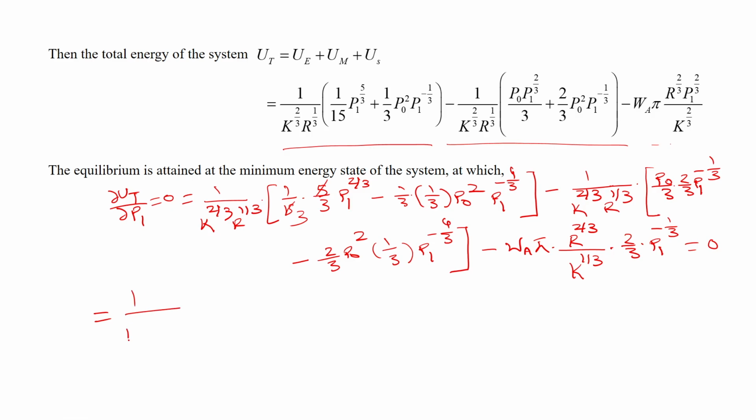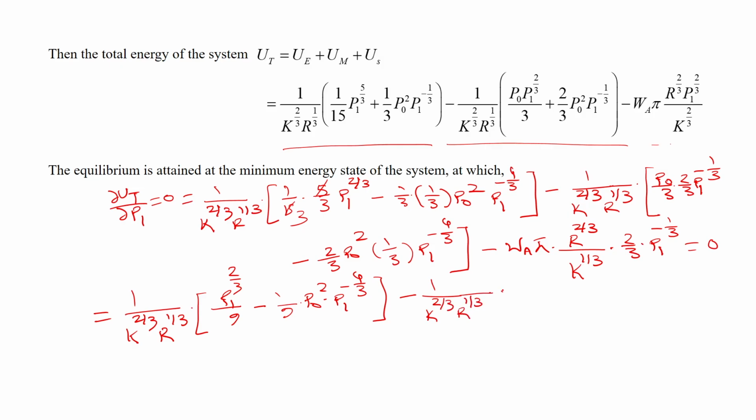So, this is 1 by k to the power 2 by 3 r to the power 1 by 3 here, and this is 1 by 9, this is P1 to the power 2 by 3, 1 by 9 minus 1 by 9, this is P0 square P1 to the power minus 4 by 3, and then minus 2 by 3. So, this is fine. So, this is k to the power 2 by 3 into r to the power 1 by 3, this is 2 by 9 here.